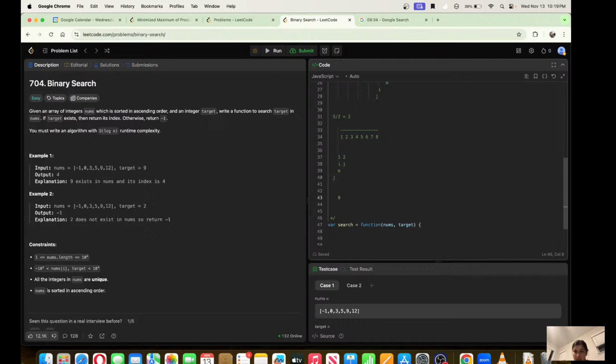So in this case i became greater than j. So if i is less than or equal to j fails, then I should immediately return, because this initial pointer should never be, so yeah.